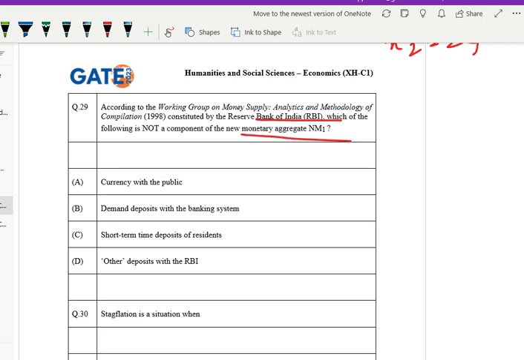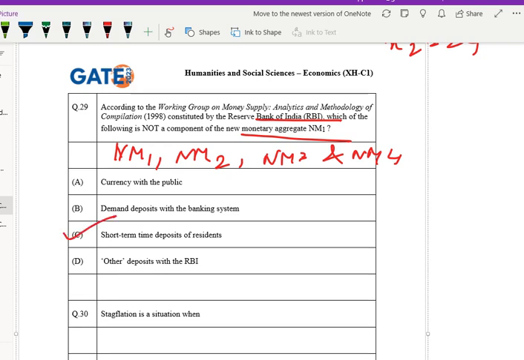The Working Group introduced a new set of monetary aggregates, known as NM1, NM2, NM3 and NM4, which replace the earlier ones. NM1 includes currency with public plus demand deposits. Other deposits are not a part of NM1. Short-term deposits of residents are not included. So this is the answer.